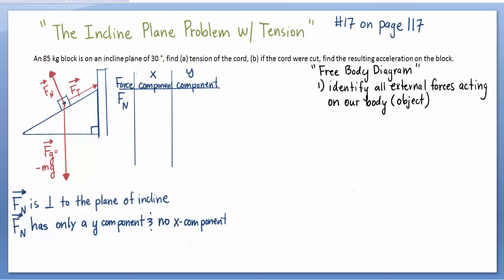So for the x component, we can put here 0. And for the y component, well, we don't know what the normal force is, so we can just write in Fn.